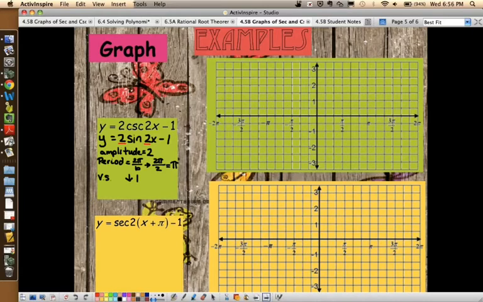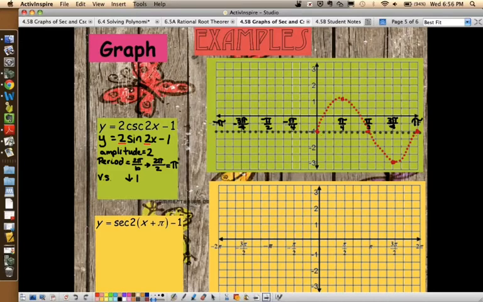So let's set up the basic building blocks of this graph. There is the vertical shift that's been lowered 1 unit. I am going to rewrite these points, changing them out so we can see the graph a little bit better. Next, I'm going to graph the sine curve.